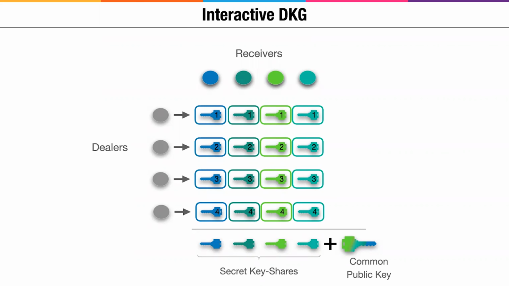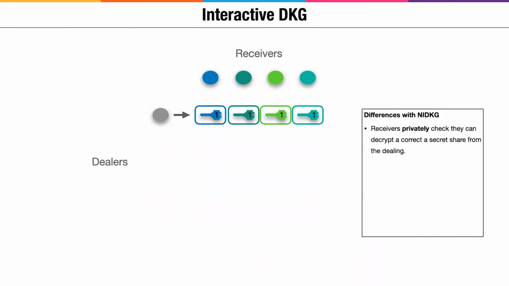In the case of interactive DKG, things are, at least from a protocol perspective and in terms of flow, a bit more intricate. The main difference is that dealings are not publicly verifiable, or at least they're not entirely publicly verifiable. There are some parts that can be publicly verified, and indeed are, but there are certain parts that can only be verified directly by the receivers individually.